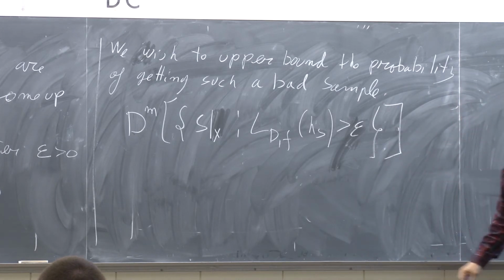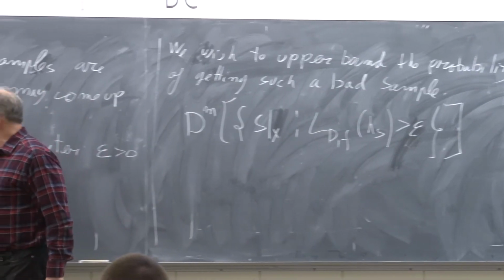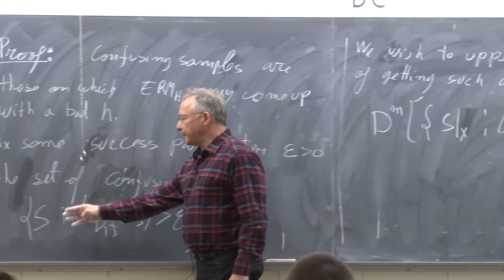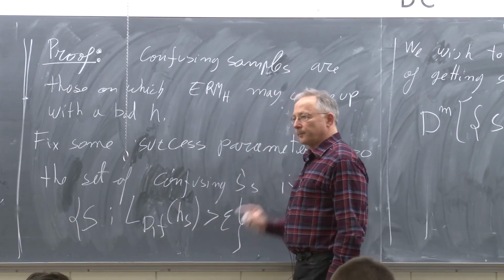Okay, I'm aware that with every step I'm introducing more notation which could be more confusing. So let me again explain the notation here. We start from here. A bad sample is a sample that will lead to a hypothesis with big error.